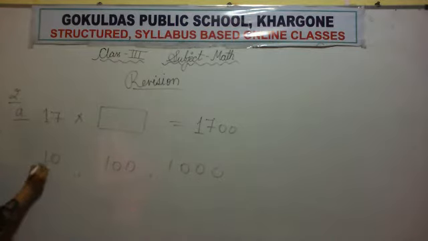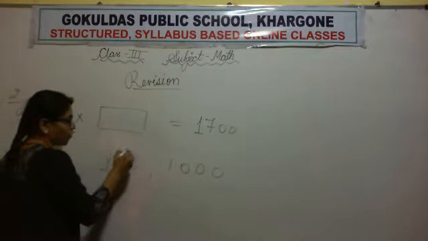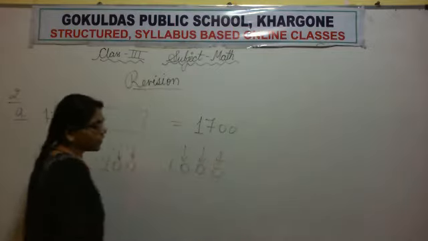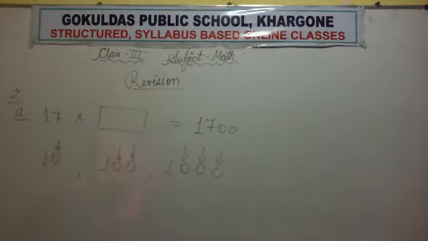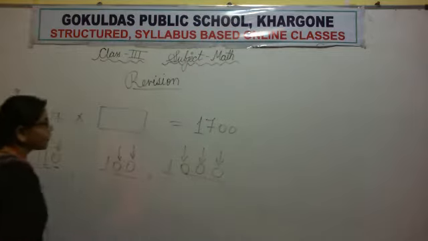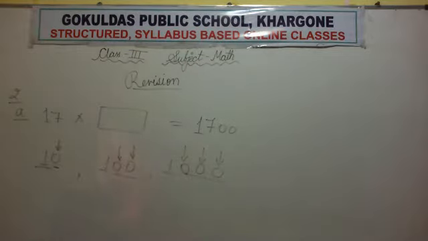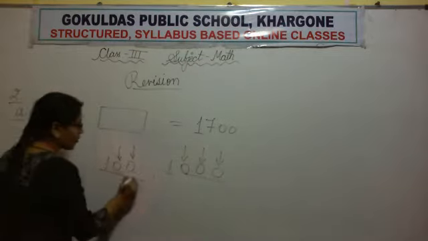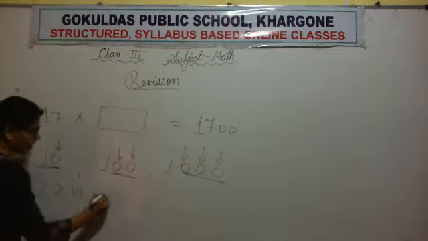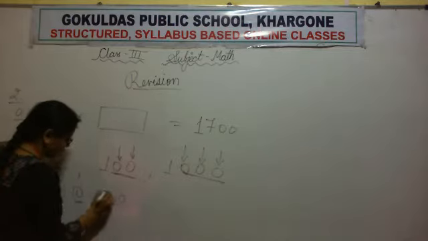10 is 1 followed by 1 zero, 100 is 1 followed by 2 zeros, 1000 is 1 followed by 3 zeros. So whenever we multiply by 1 followed by some number of zeros, we write the number as it is and then we put the number of zeros. If we are multiplying 2 by 10, then we will write 2 as it is and one zero.